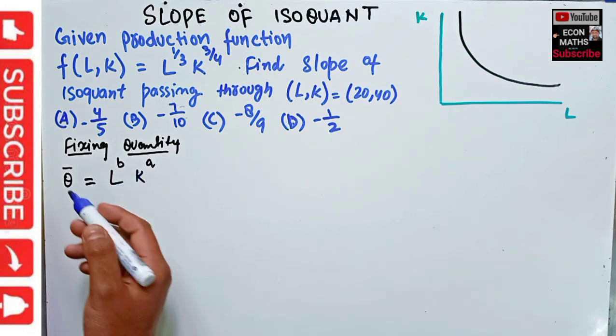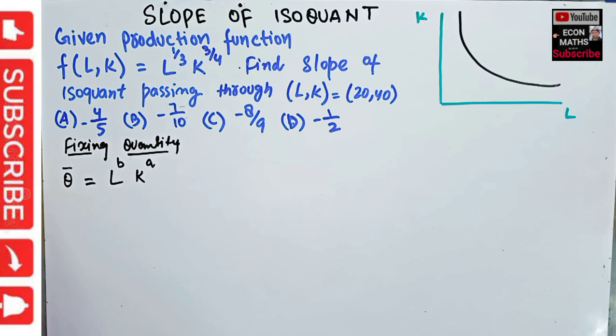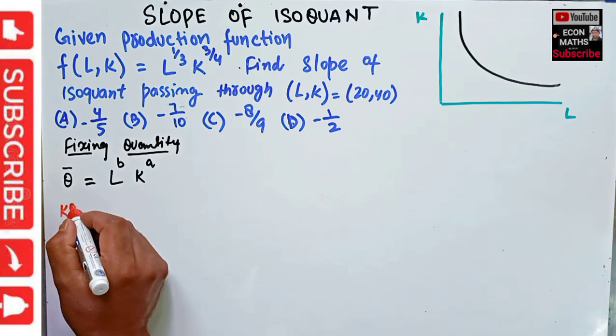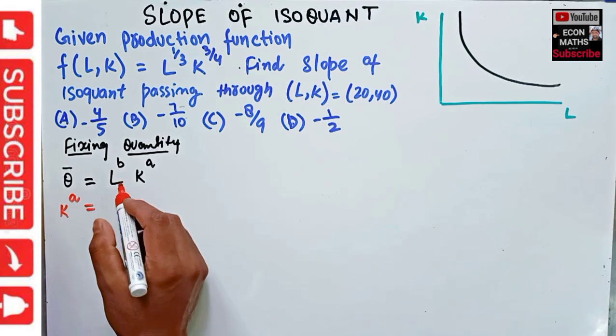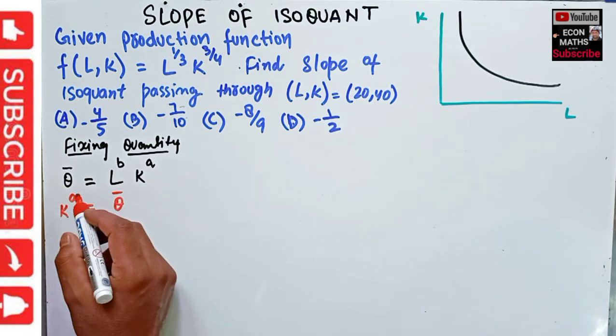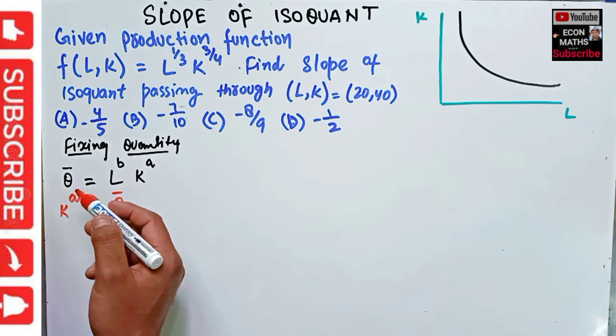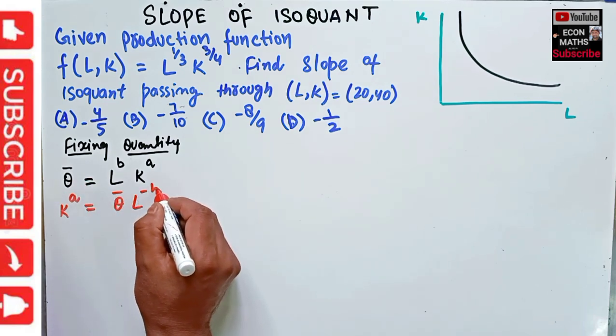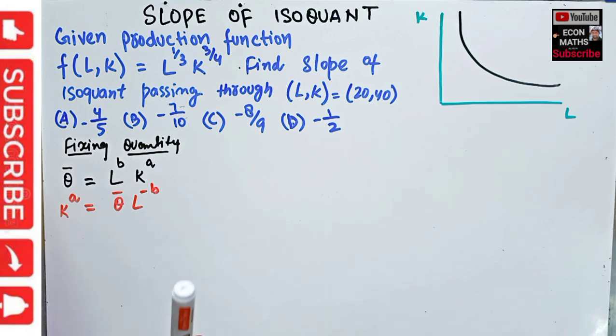Let us solve it for K. If I solve it for K, K to the power a will be equal to q bar times L to the power minus b. I'm just saving some steps here, otherwise it will get messy.